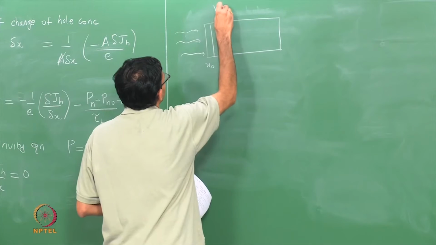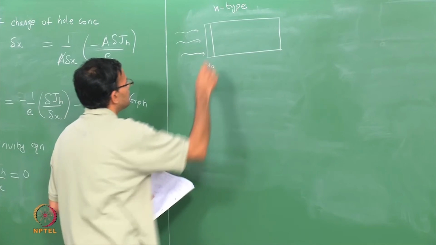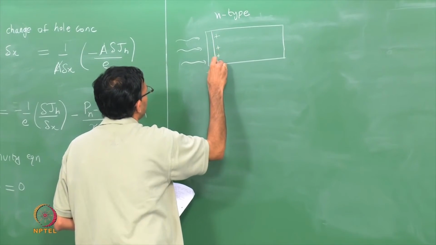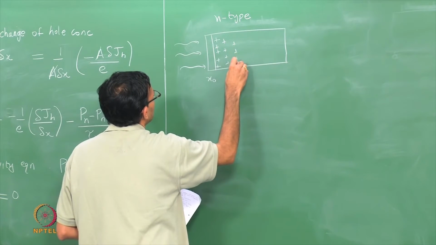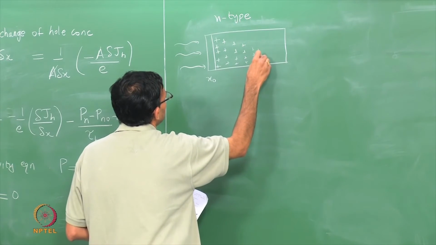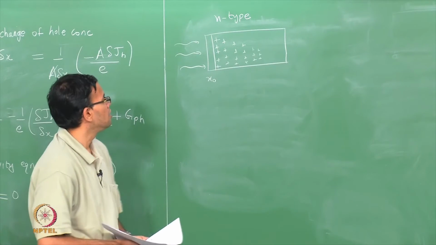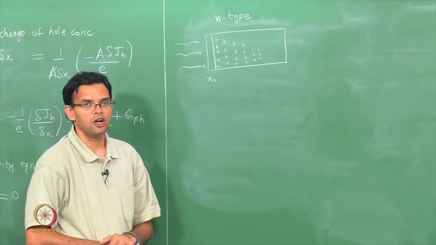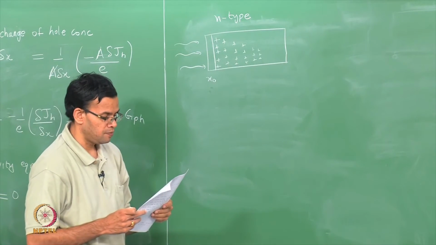If this is an n type material, we know that we are going to get some excess concentration of holes. I am only showing the holes, there are also electrons, and these holes will essentially diffuse within the material. So, there are also electrons in here, but I am only showing the minority carriers. So, you have light incident on the surface absorbed within some distance x naught, which are creating your electron hole pairs, which then diffuse through the material.